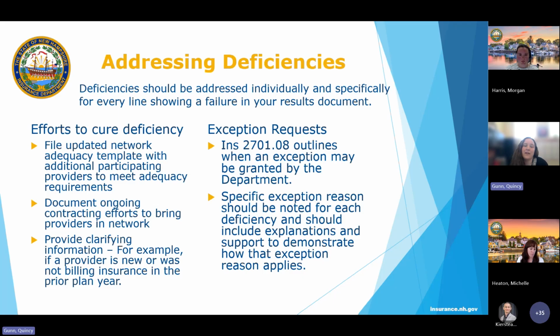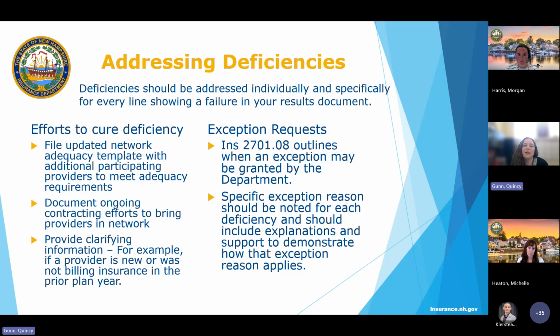So if you provide that clarifying information, that's something we can look into to make sure that those providers will count going forward. The other option is an exception request. So 270108 outlines any of the different ways that we can grant an exception to the rules.